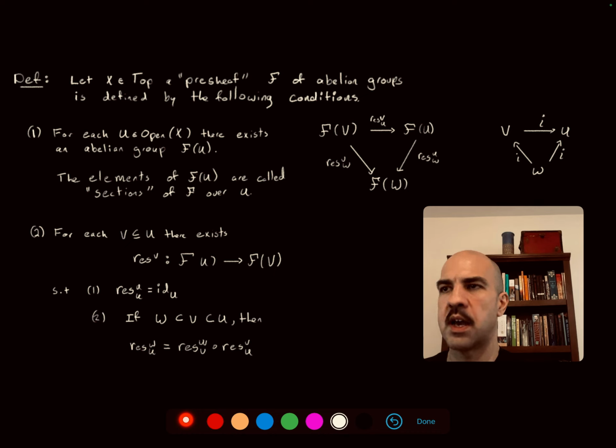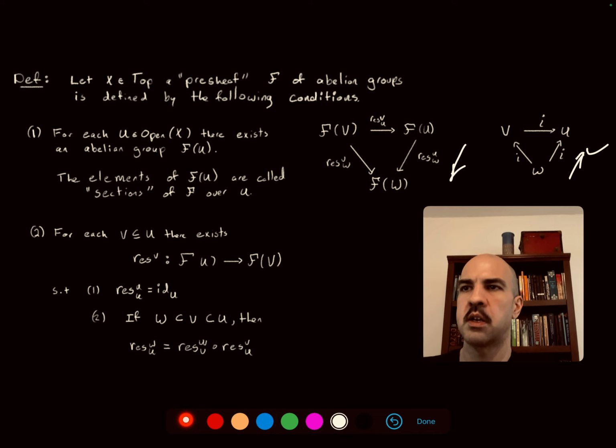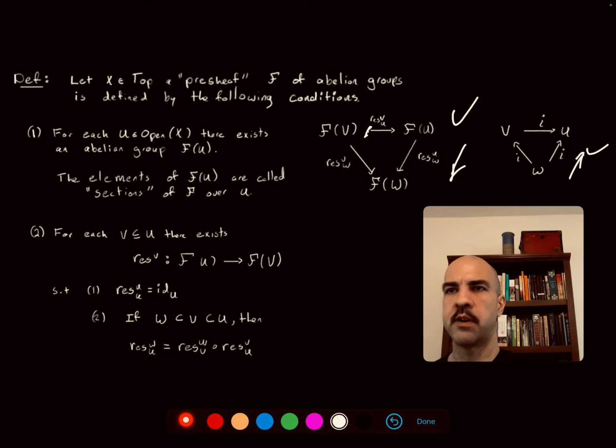So we can think of this as if we have these inclusions, then the functor applied to these inclusions just reverses the arrows. So the arrows go this way, and these arrows are going to go this way. And this arrow should go this way. That's a mistake. But that's what it means to apply this contravariant functor to this setup. And this is how we define a presheaf.